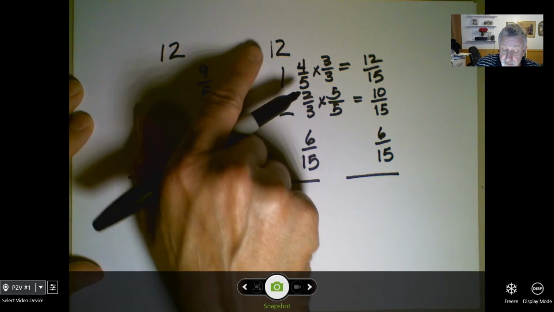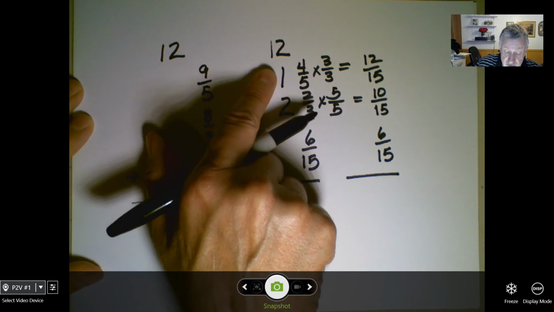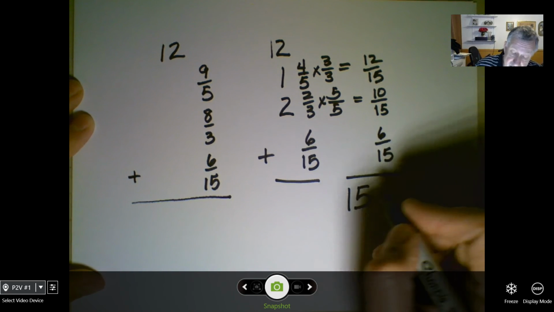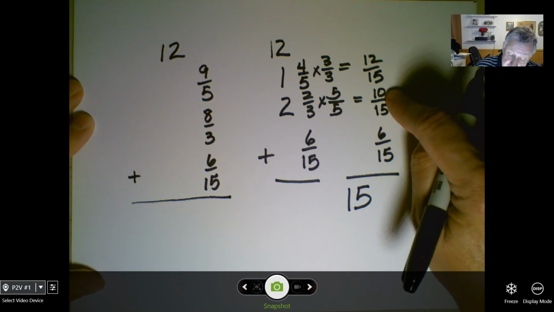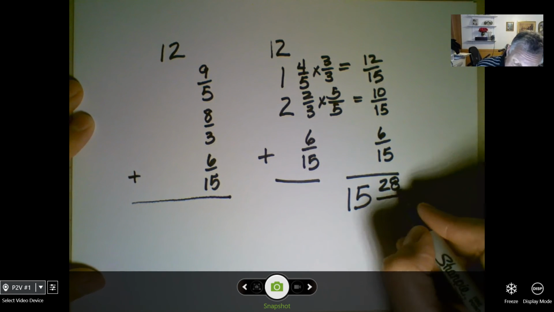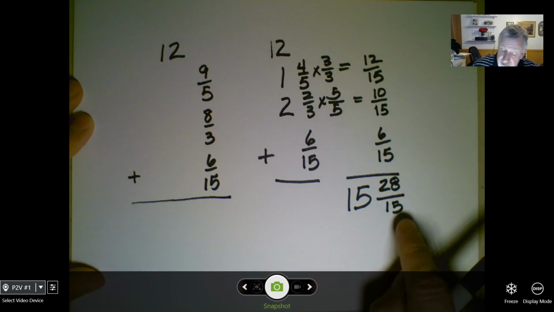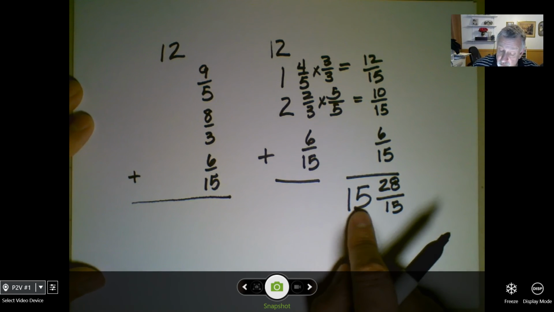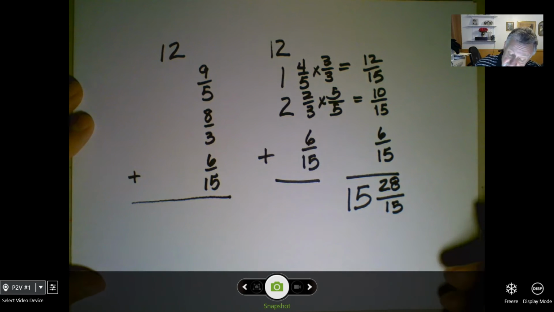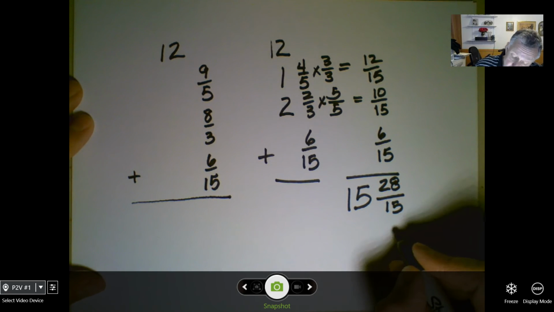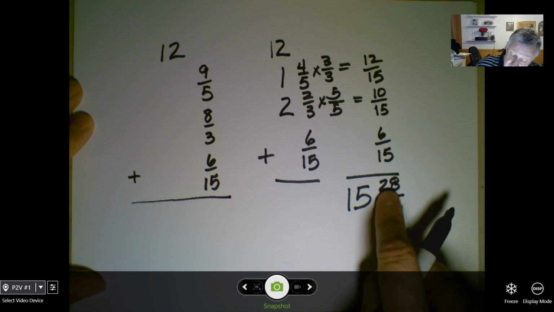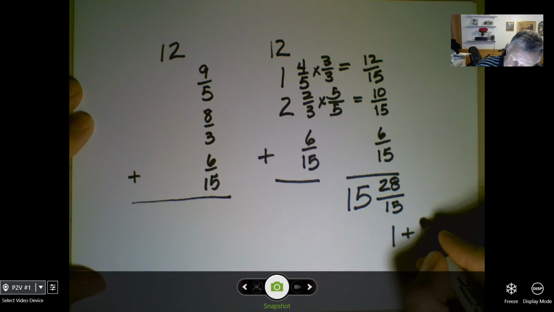Well, let's go over here and grab my whole numbers. 12, 13, 14, 15, and 12, 22, 28. Again, I have an improper fraction with a whole number, so I'm going to take 15 out of this 28, which gives me 1, 15/15, plus 13/15.